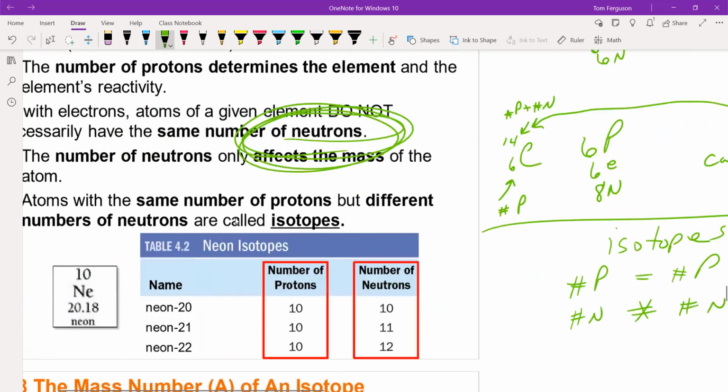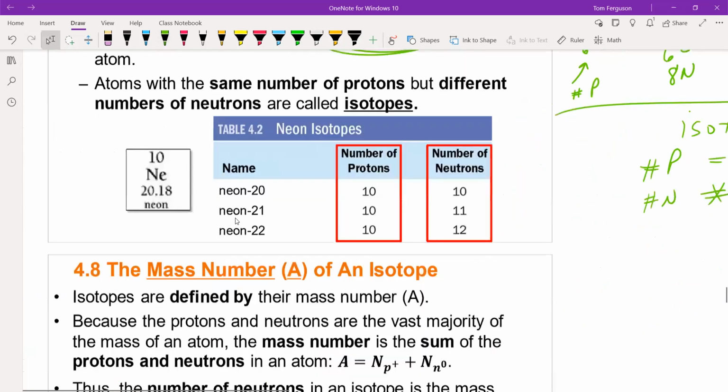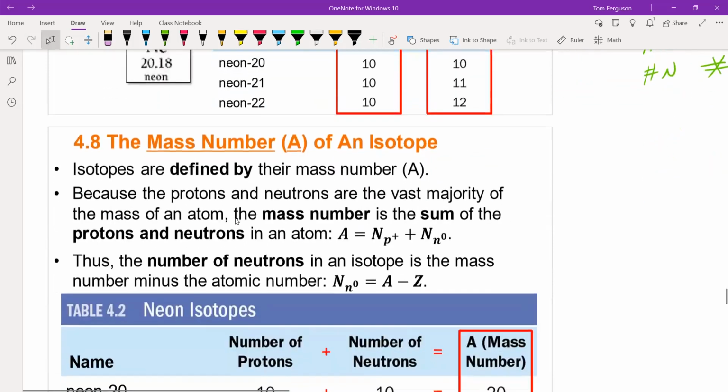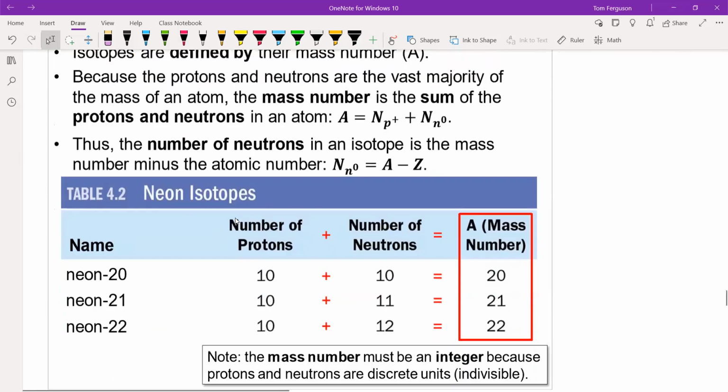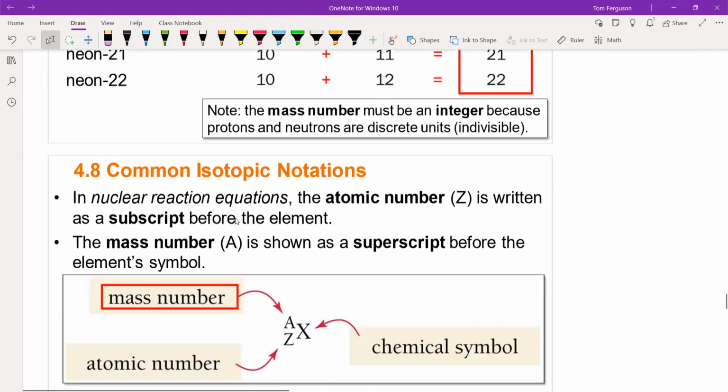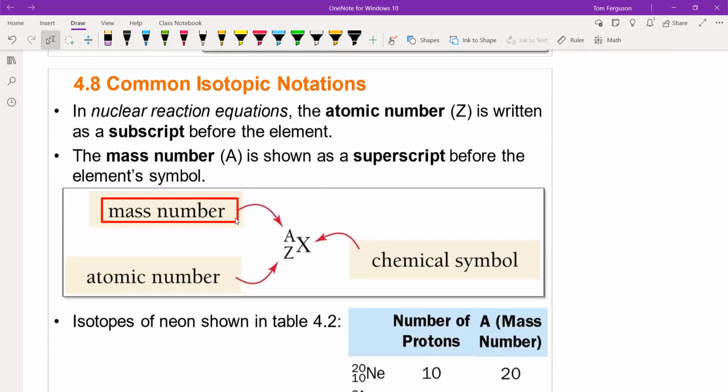The top number is frequently called the mass number or the atomic mass.